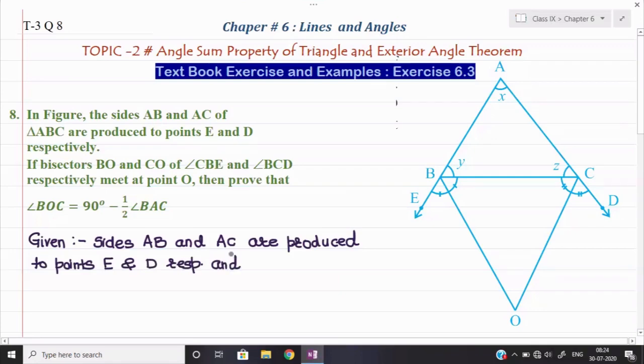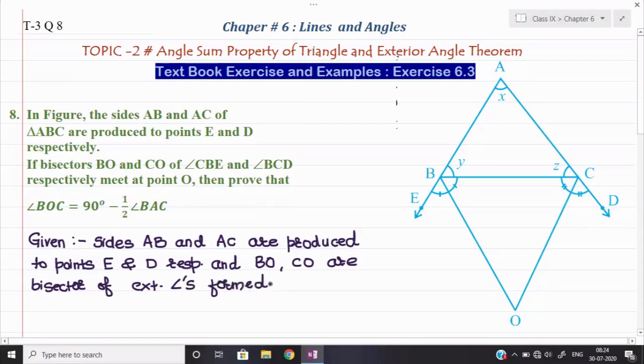And one more thing is given in the question: the two exterior angles are formed, whose bisectors are BO and CO. So we can say that BO and CO are bisectors of the exterior angles formed.